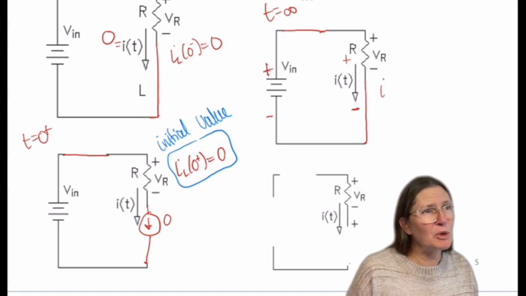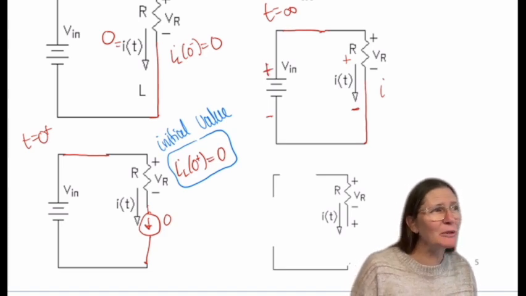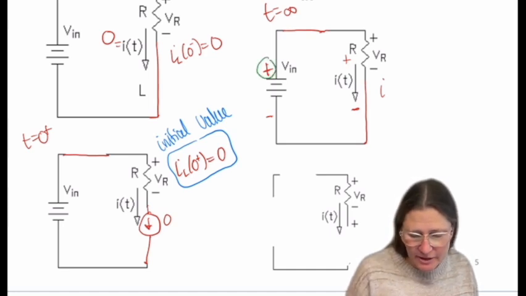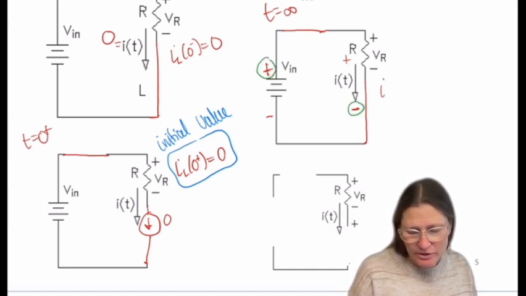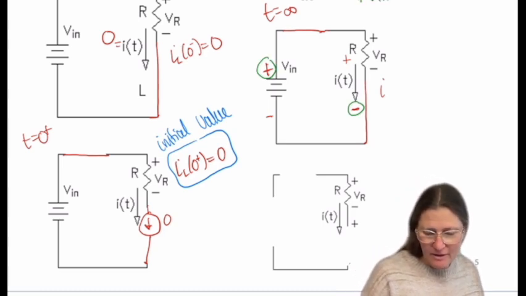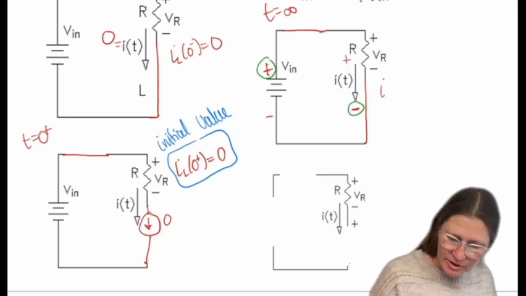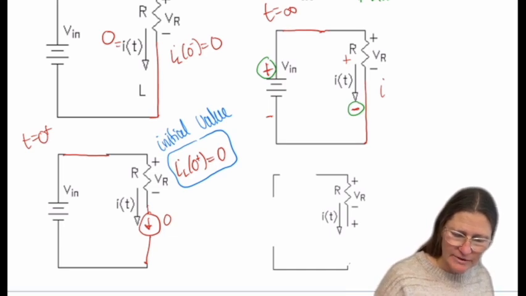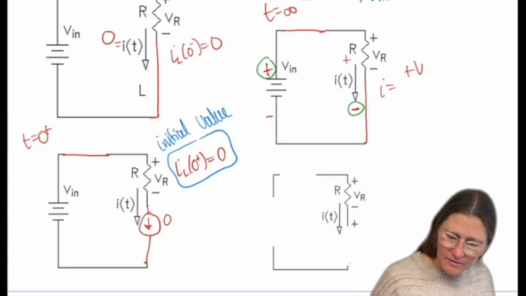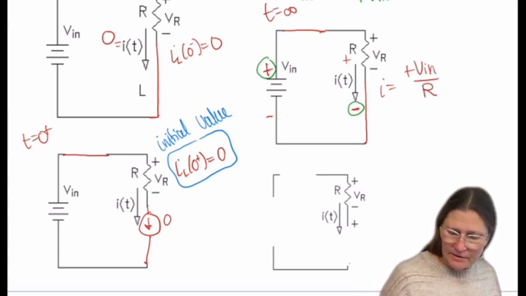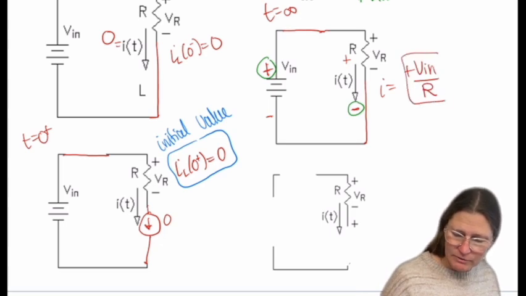If I don't remember, I can go and do my loop really quick. So in this case, my loop would have a plus here and a minus here. So plus Vn minus I times R equals 0. So I see that I is going to equal a plus Vn over R. And so this will be my final value.